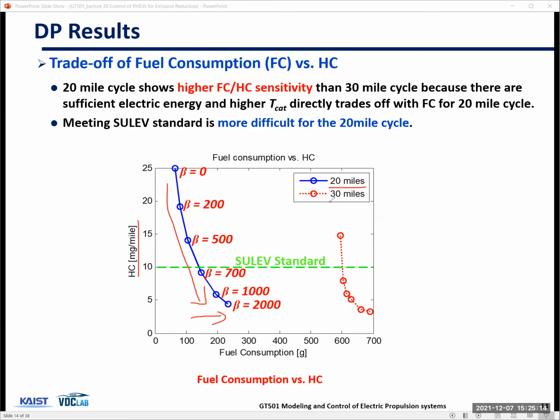But when it comes to 30 miles distance, the trade-off is reduced. And that's because you already have to use the engine more frequently because of the longer distance, okay? So you still do see this trade-off, but less obvious, right?